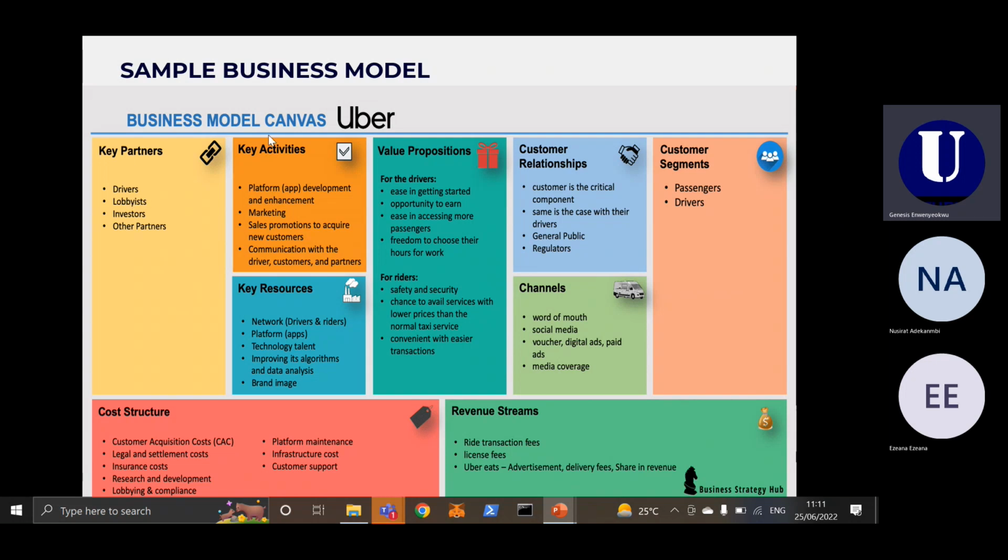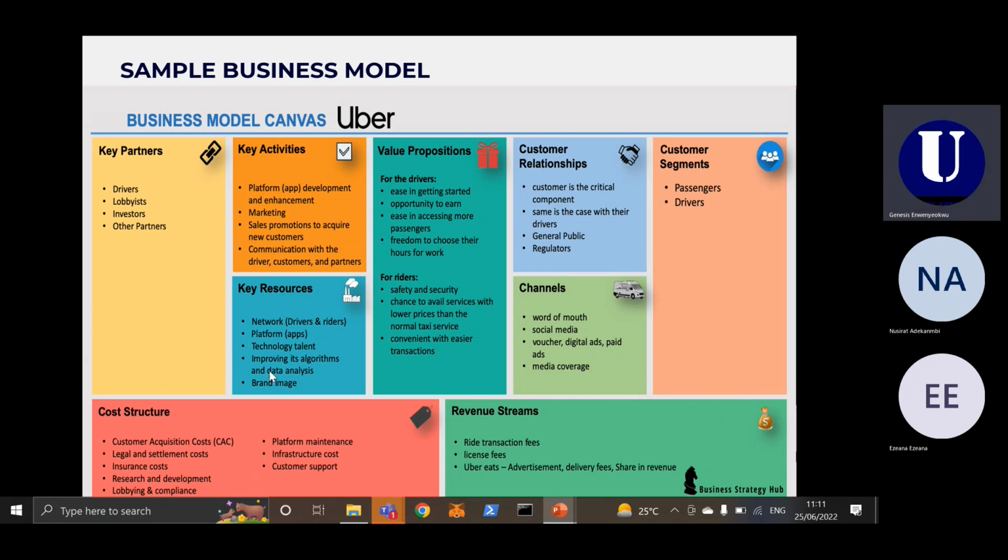Now, what are the key activities of Uber? Platform development, marketing, sales and promotion, communication with drivers, customers, and partners. Their key partners are investors, drivers, lobbyists, and other partners. Their key resources are their network of drivers and riders, their platform, which is their app, technology talents, and brand image.